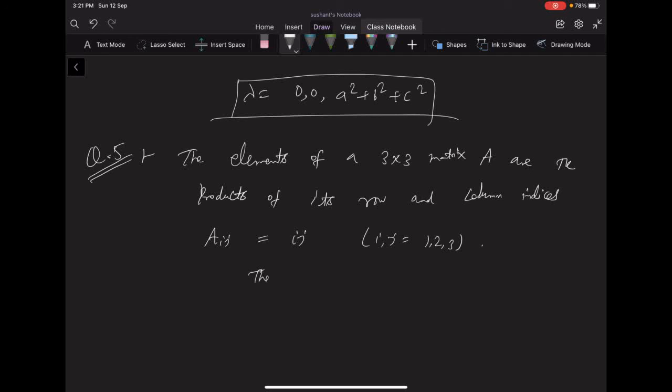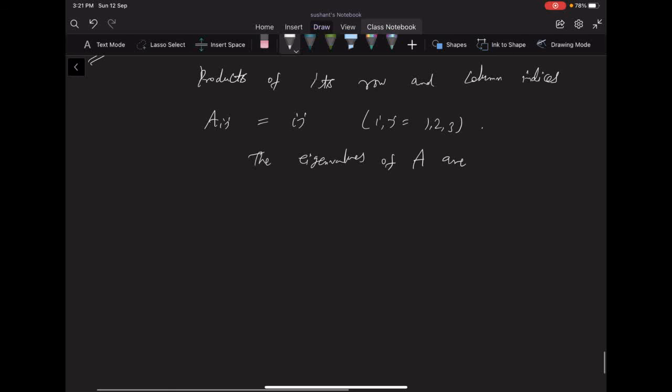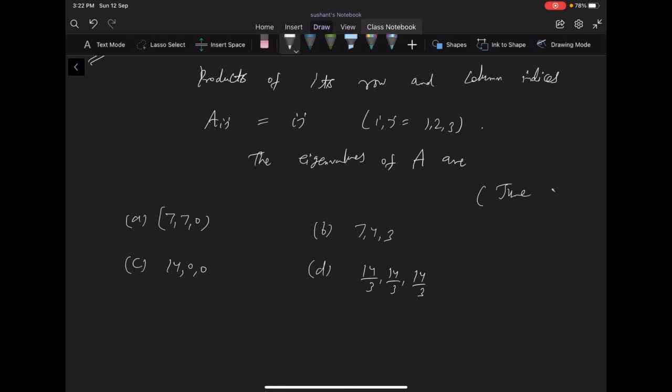The eigenvalues of capital A are: option A is 7, 7, 0; option B is 7, 4, 3; option C is 14, 0, 0; and option D is 14 over 3, 14 over 3, 14 over 3. This is from June 2019.